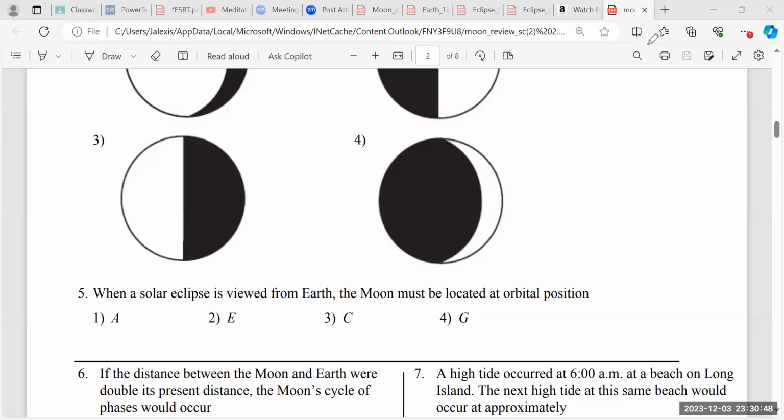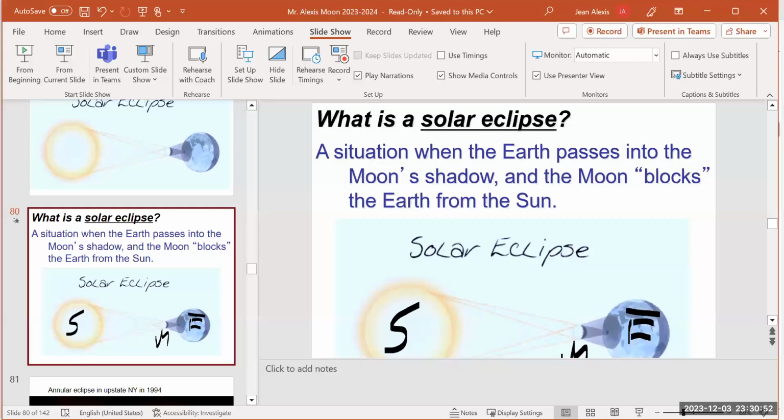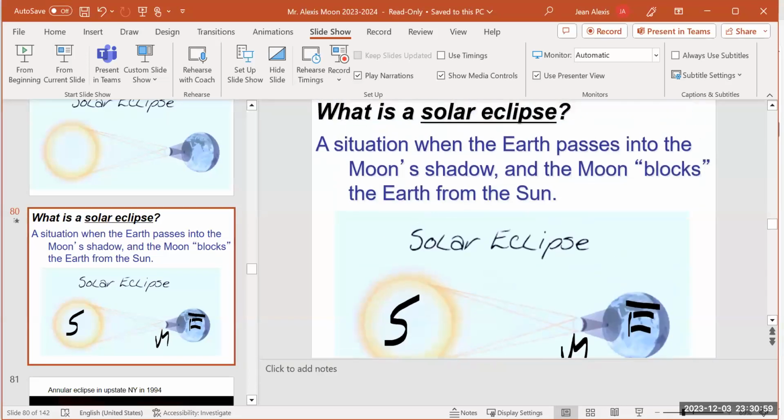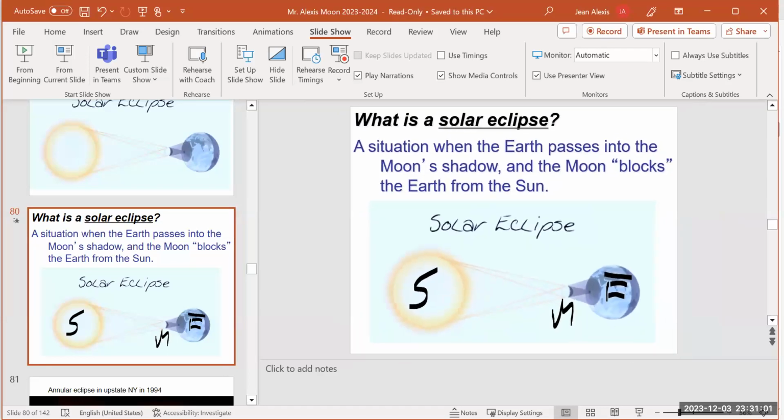First and foremost, if we go back to our notes, it tells us right here that a solar eclipse occurs when the Earth passes into the moon's shadow and the moon blocks the Earth from the sun.